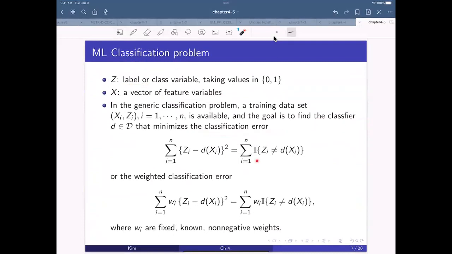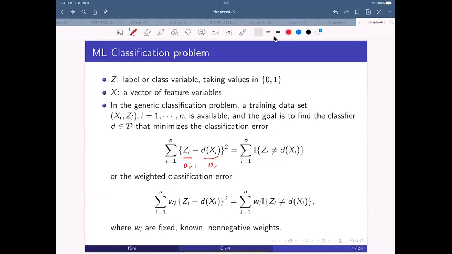Classification error is basically when it's not correct, right? C and D are both binary, either 0 or 1. So this is either 0 or 1, and this is either 0 or 1.